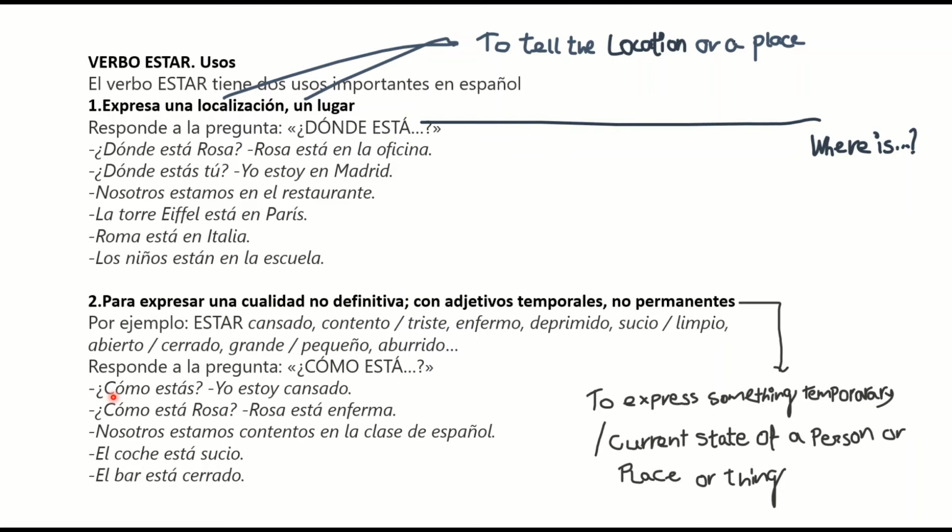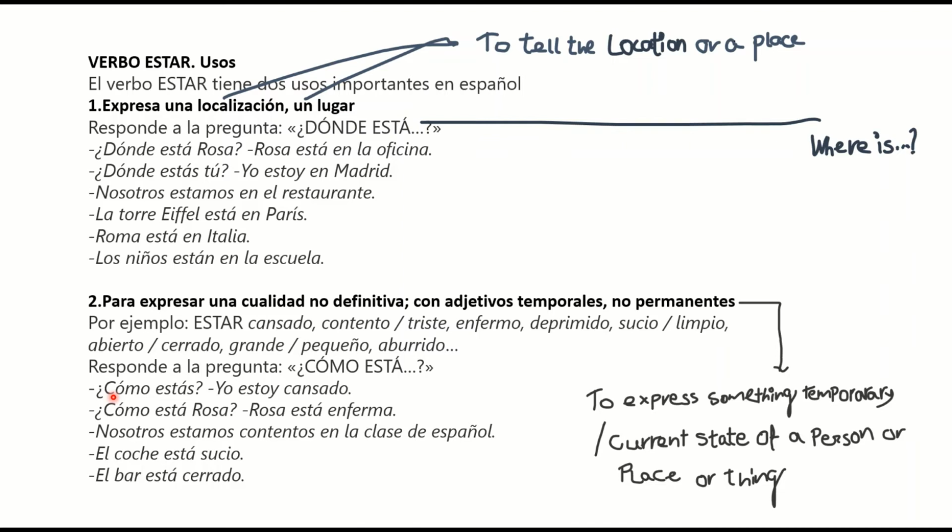La respuesta es, the response is Rosa está enferma. So this is a temporary thing. Rosa is not doing well. Rosa is sick. But Rosa will get better. So this is something temporary. So we will be using the verb estar. So Rosa está enferma. Nosotros estamos contentos en la clase de español.